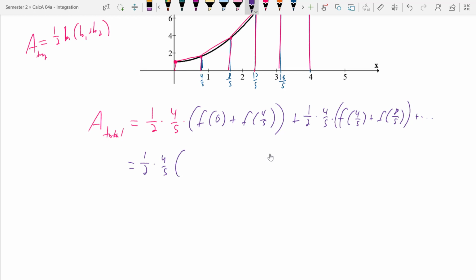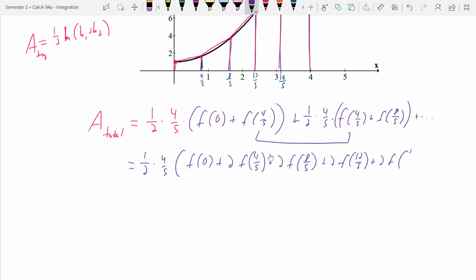Well, if I add them all up, what I can actually do is factor out the 1/2 and the 4/5. What I'm going to be left with is f of 0 plus, you're going to notice that f of 4/5 gets added twice, and that's going to be true for every one of the middle ones: 2 f of 4/5, plus 2 f of 8/5, plus 2 f of 12/5, plus 2 f of 16/5, and then finally plus the last one, f of 4, f of 20/5.